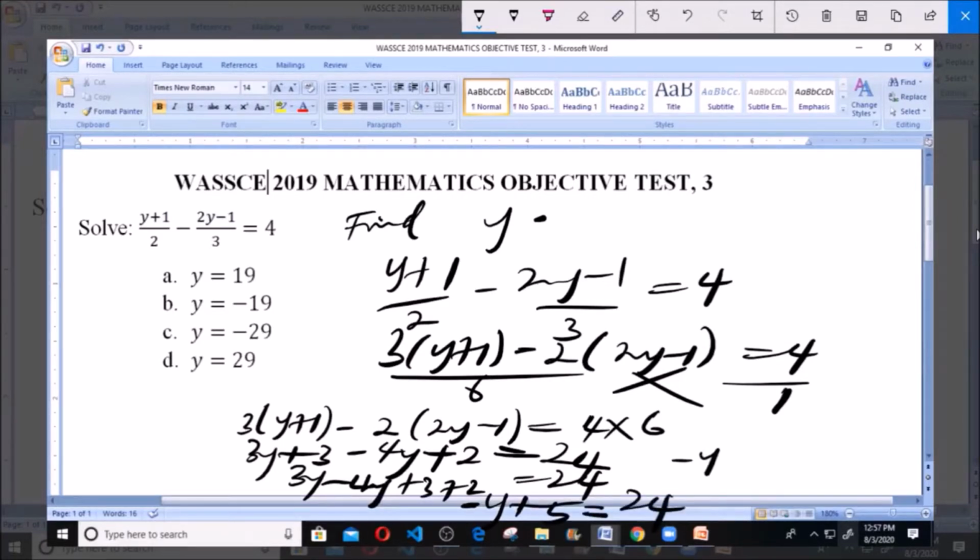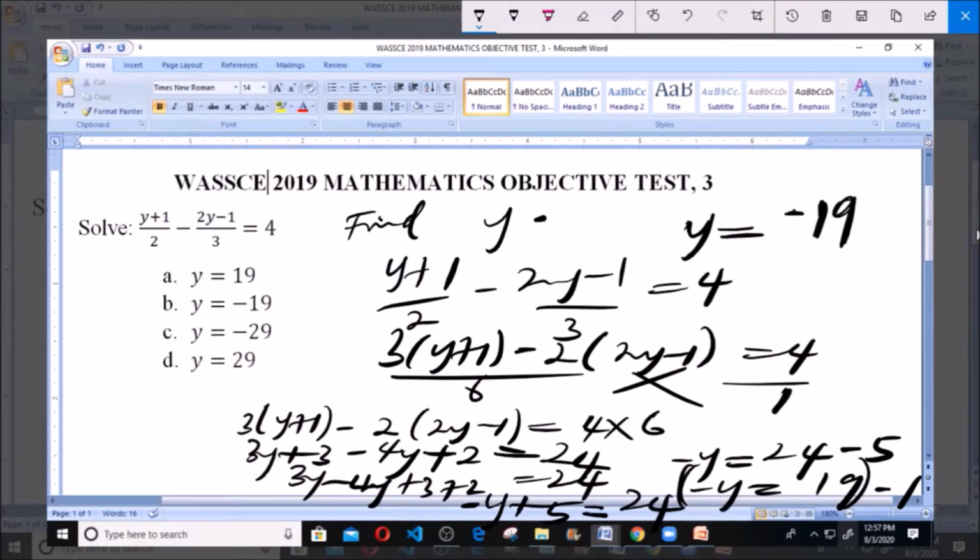So our minus y becomes what? 24 minus 5. Minus y becomes 19. Now the question is asking us to find y, not minus y. So you multiply both sides by minus 1. When you multiply both sides by minus 1, your y, which is what you are looking for, becomes minus 19.